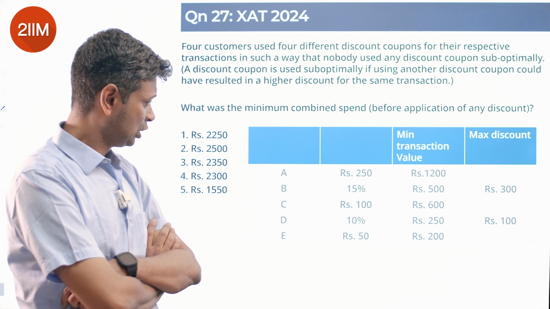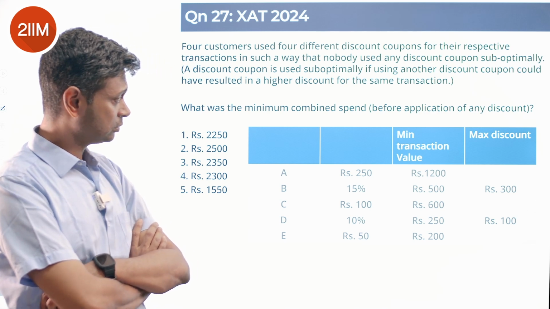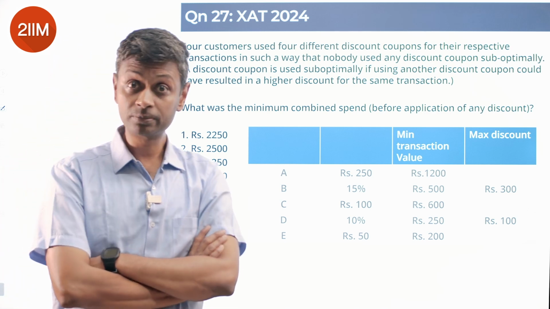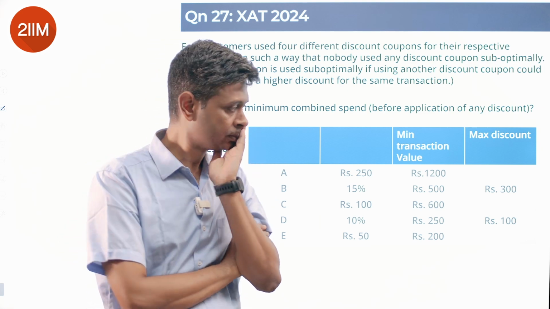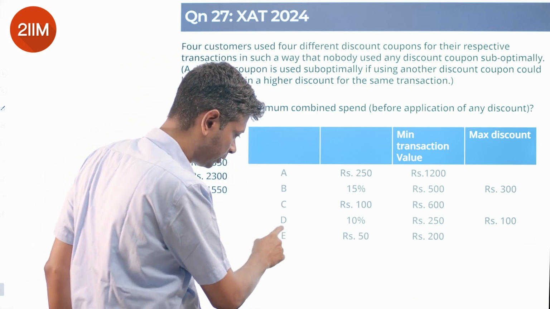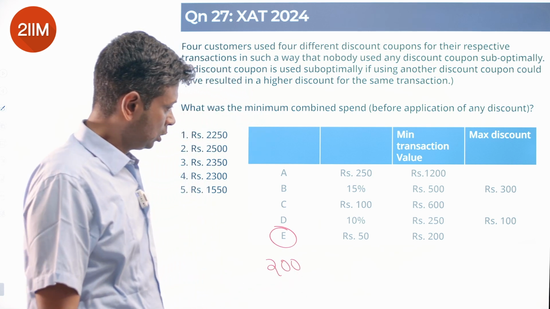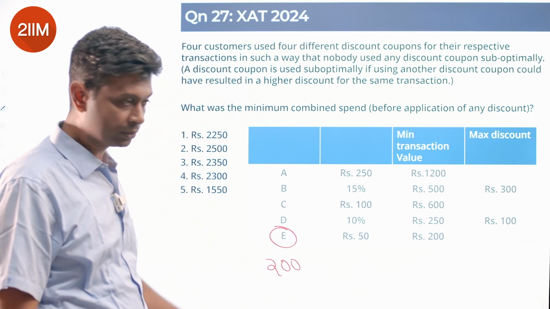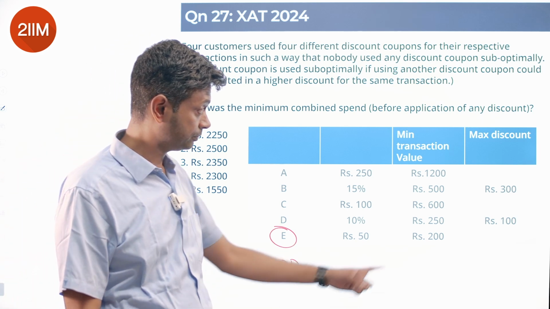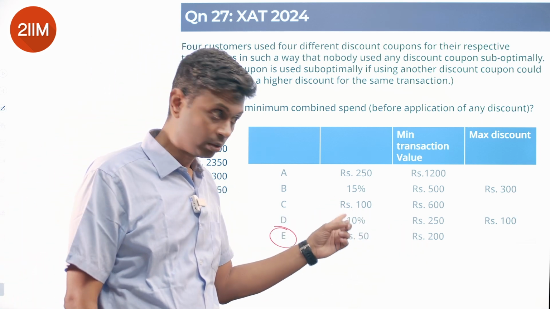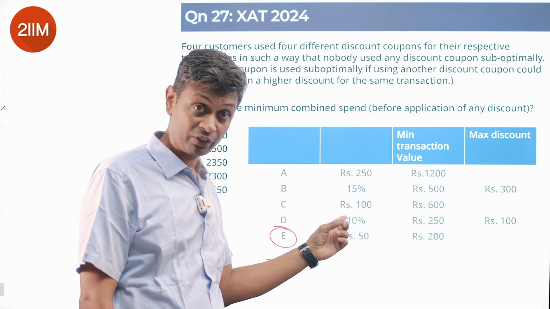And so, suppose the minimum transaction value is 200. If you spend 200 bucks, then this is the one to take. 200 bucks, you'll get 50 rupees off. You go to 250, this kicks in, but you'll get only 10%, 25 rupees off.